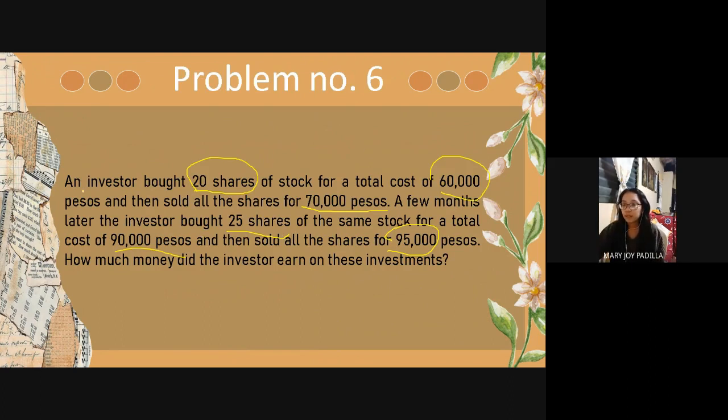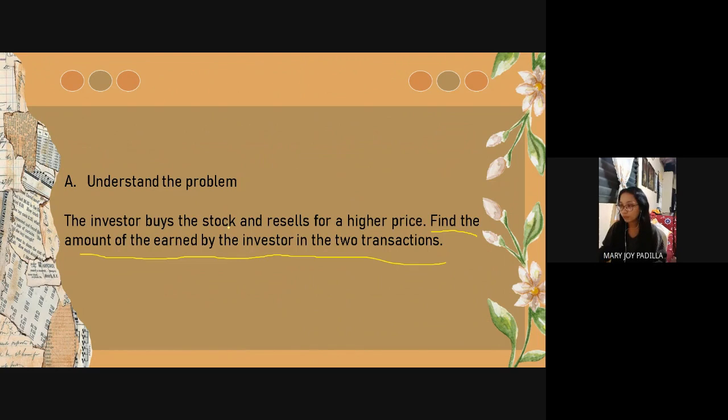The first transaction is the investor bought 20 shares, and the second transaction is 25 shares. So, ayan ang ating understand the problem.